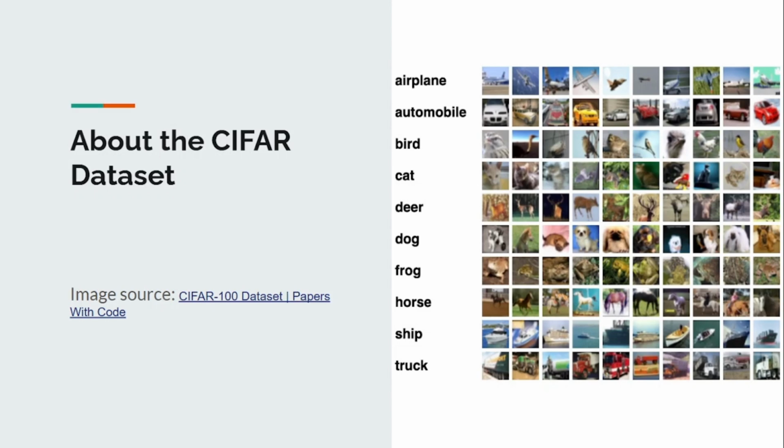The automobile class includes vehicles such as sedans and SUVs, while the truck class is strictly limited to large trucks. Notably, pickup trucks are not included in either category. This strict categorization helps the model learn clear distinctions between object types, making this dataset great for this project.